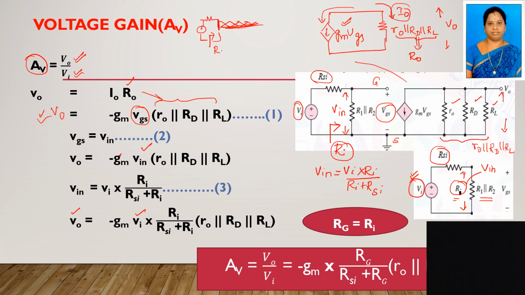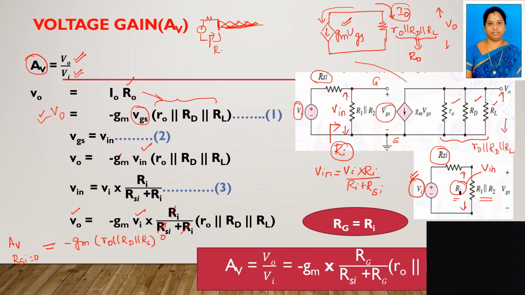In this, you have to think one thing. Suppose in the problem they have not given Rsi. If Rsi is not given in the problem, you have to take it as 0. So the AV, when Rsi is 0, becomes 0 plus Ri equal to Ri, so Ri will be cancelled. You will have minus Gm into ro parallel to Rd parallel to RL.